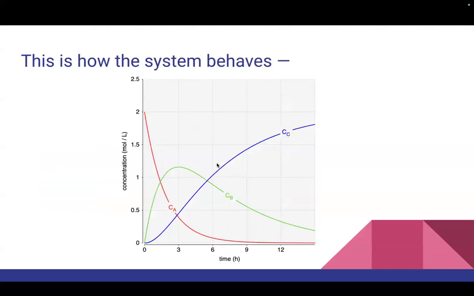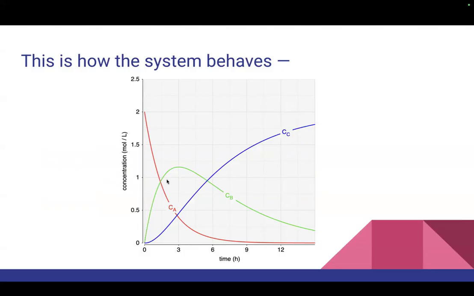This is a diagram of the behavior of the system in a batch reactor for that reaction that I just talked about. We start with a high concentration of chemical A, and as it is depleted, chemical B is formed.